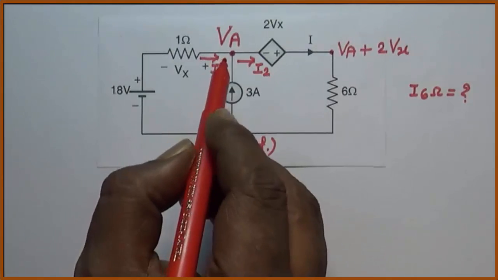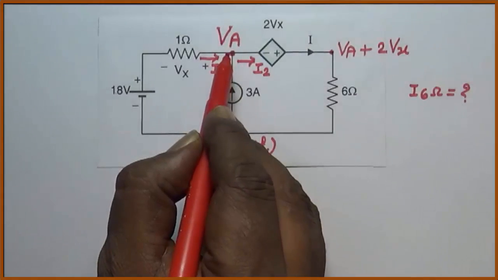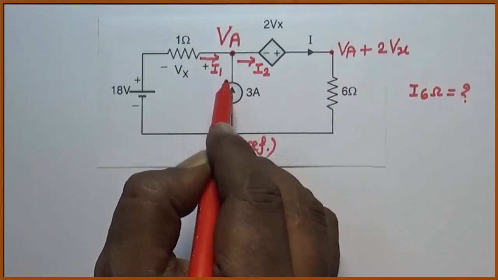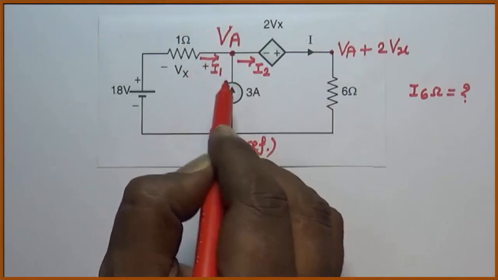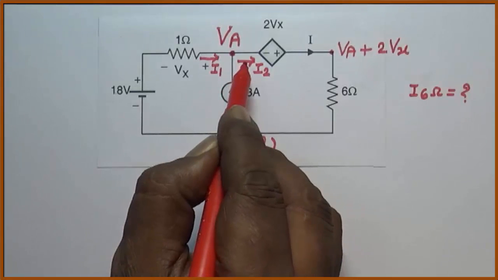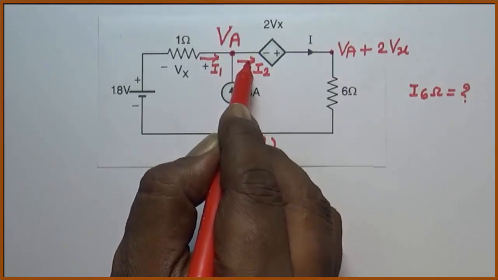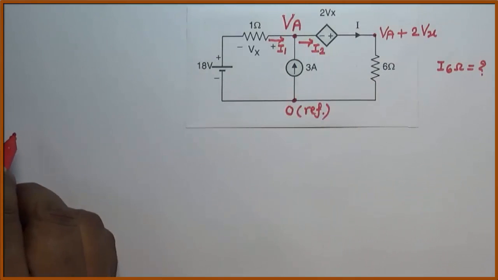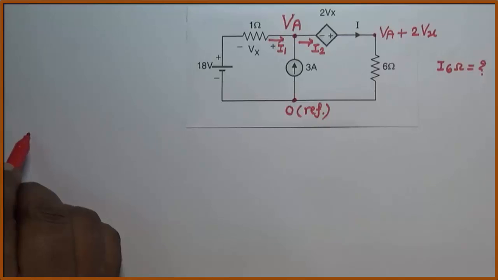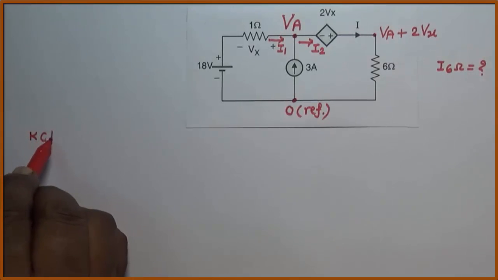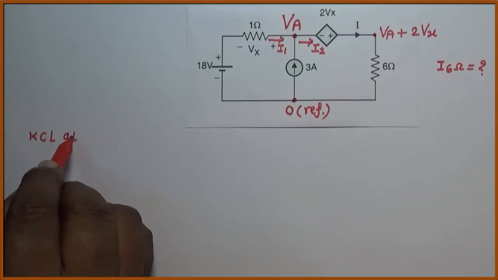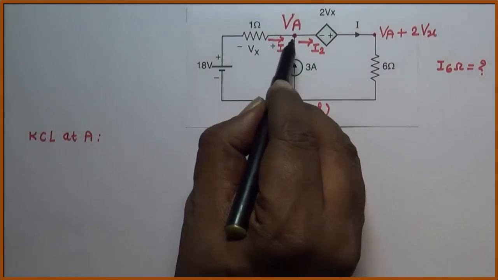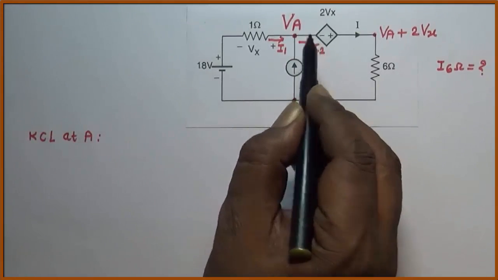Now apply KCL at point A. Incoming current at point A is I1 and 3 ampere, so the total incoming current is I1 plus 3. Only one branch has outgoing current, which is I2. So KCL at point A gives I1 plus 3 is equal to I2.